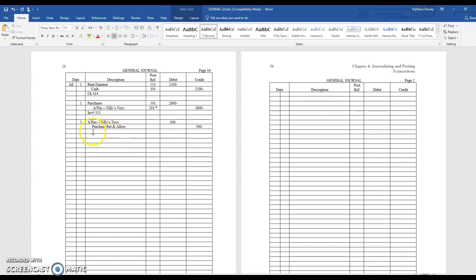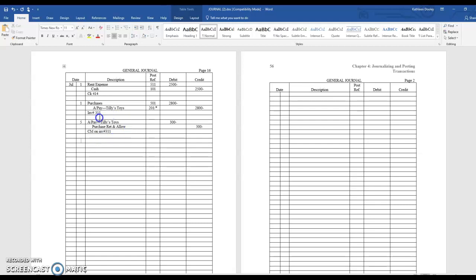My debits equal my credits, so I go ahead and put my information. Now you would have the number of the credit memo that they sent us, but the problem didn't give it. But we can put CM for credit memo on invoice number 311. Okay, so that's our explanation, and we can go down, skip a line, and we're ready for the next transaction.